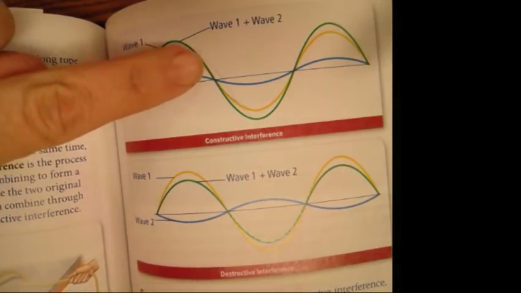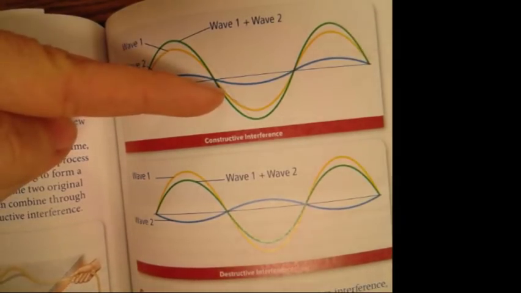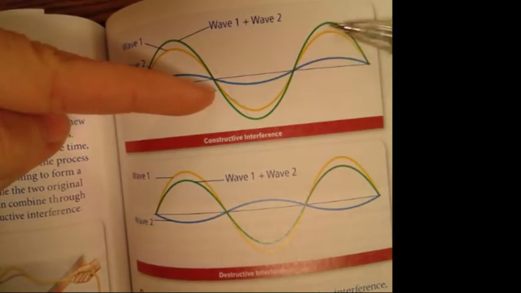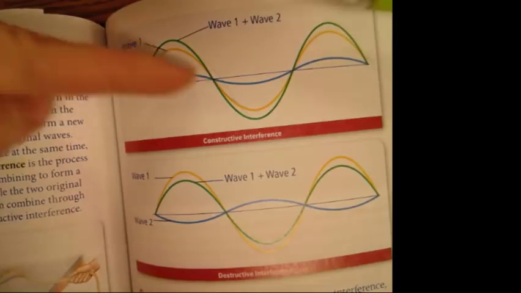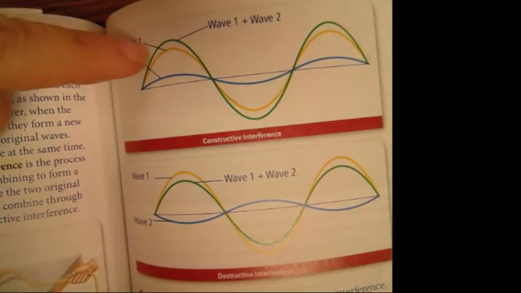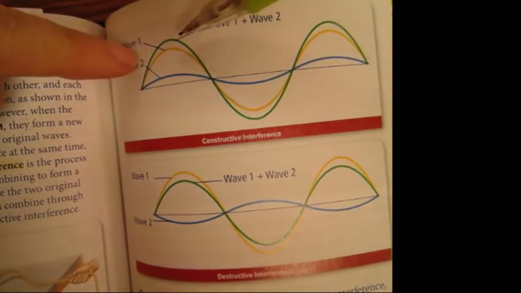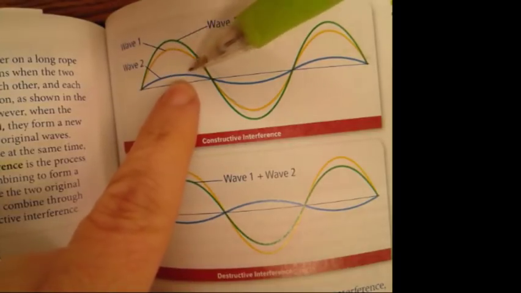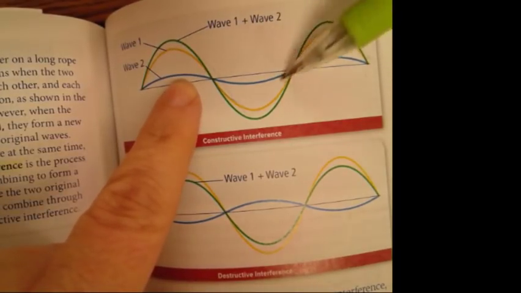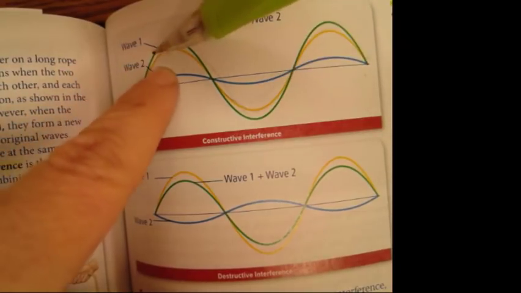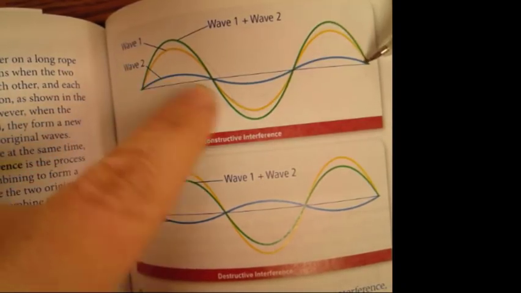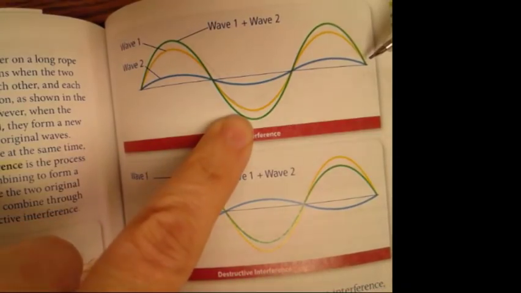So if I have wave 1 moving this direction and wave 2 moving this direction, where they're counteracting each other, sometimes they will cause that big wave in the center to happen. Other times they're actually going to combine. I have a little wave moving here and a large wave moving here, and when they combine, they will create a new wave where their energies are interfering.